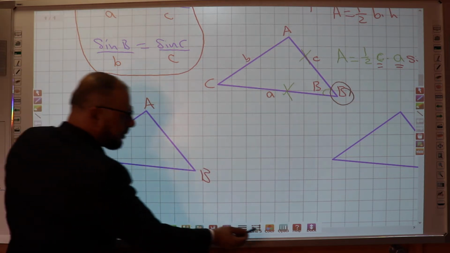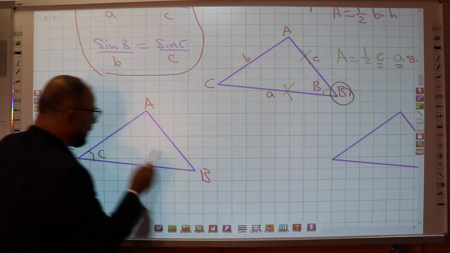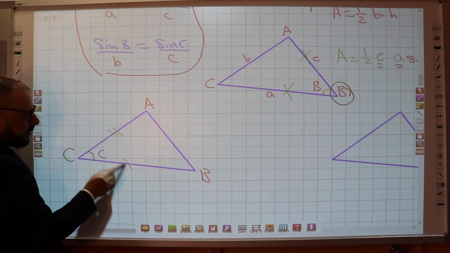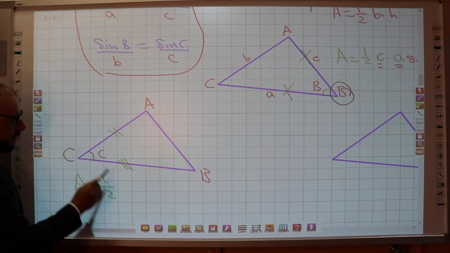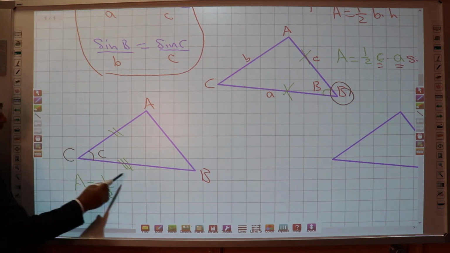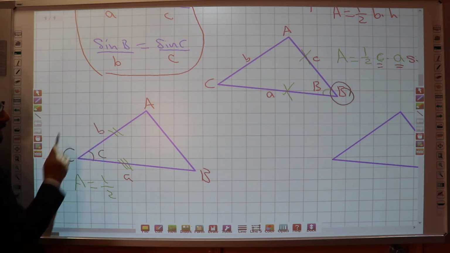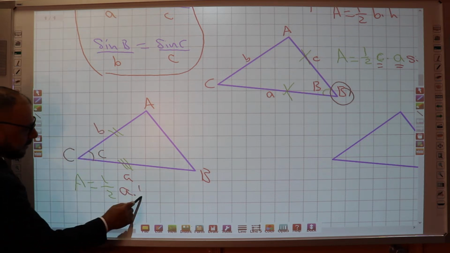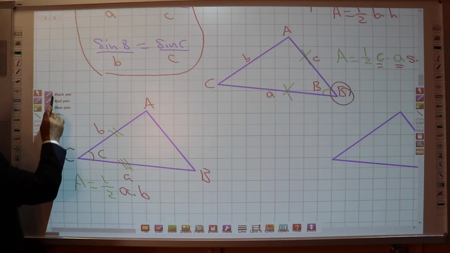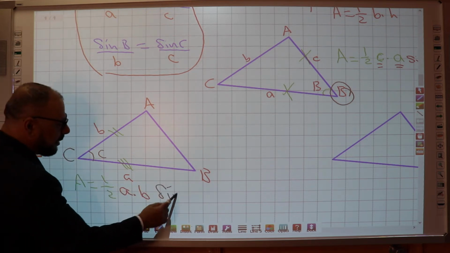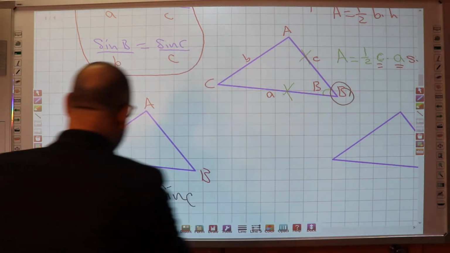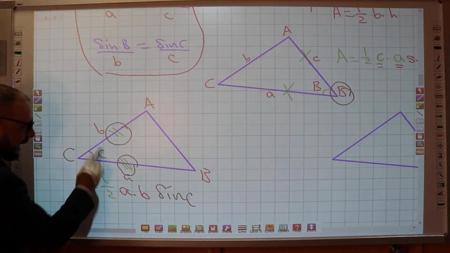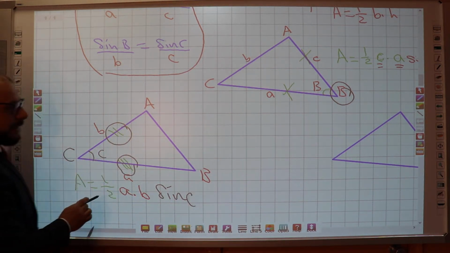The sides I need to know, because C is given, to find the area, are this and this side. Then area in this case equals, here is a and here is b, a times b, sine what? Which angle? Sine C. Good. Then, as long as you have two sides given and the angle between them, you can find the area.